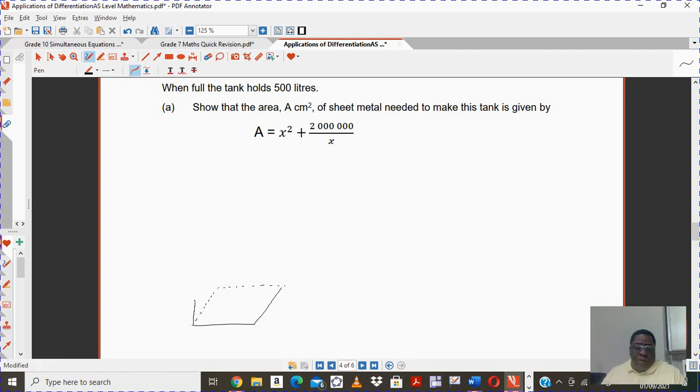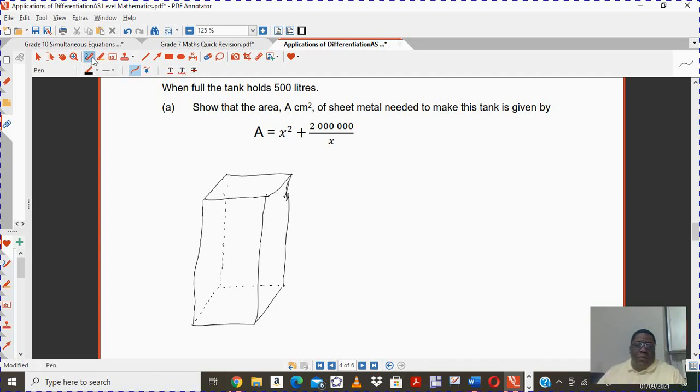So this would be my rectangular tank. It's not a perfect drawing, of course. So that's my rectangular tank.